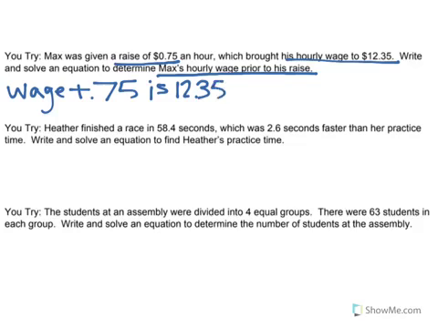So we're going to need to write this in terms of math. For wage prior to his raise, I would either go with a W or a P to denote that. So you could translate it into mathematical terms with W plus 0.75 is always going to be equals 12.35.